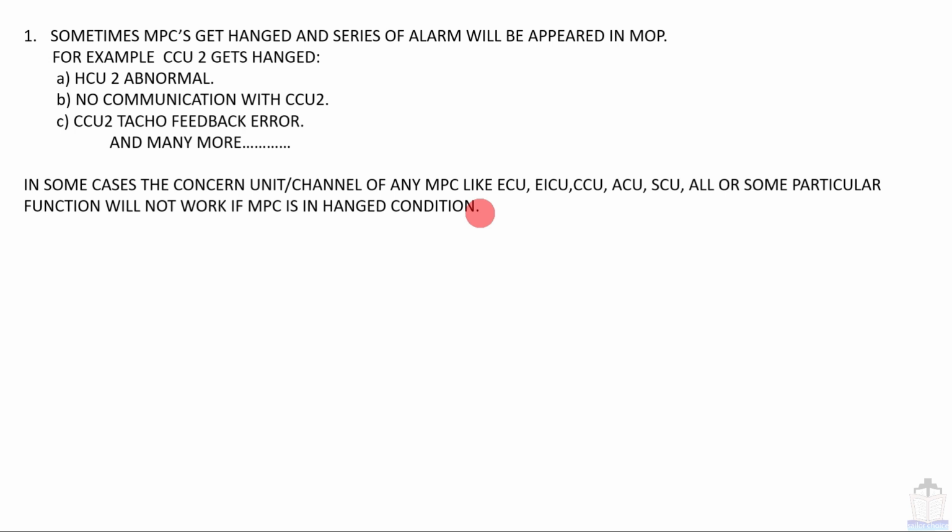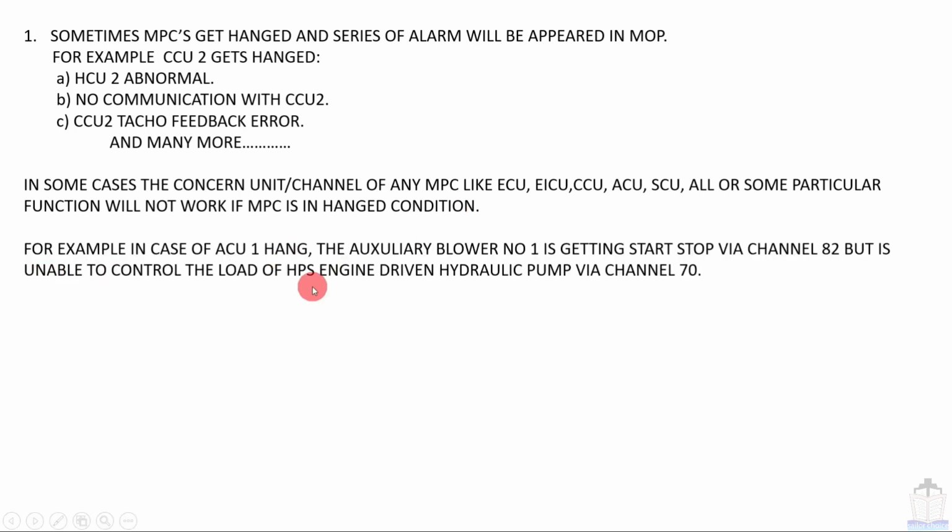That is also called a hang condition. For example, in case of SU1 hang, auxiliary blower number 1 is getting a start stop via channel 82, but is unable to control the load of the HPS engine driven hydraulic pump via channel 70. Means 70 is not working, but 82 is working. This is also a kind of hanging. Means some channels will work, some will not.